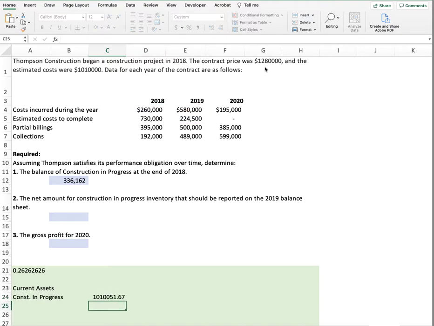Okay, then we need to subtract out the partial billings. And so I'm going to put a negative sign and then open parentheses so that we can do 2018 plus 2019, close parentheses. And that's going to give us our construction recognized profit not yet billed.